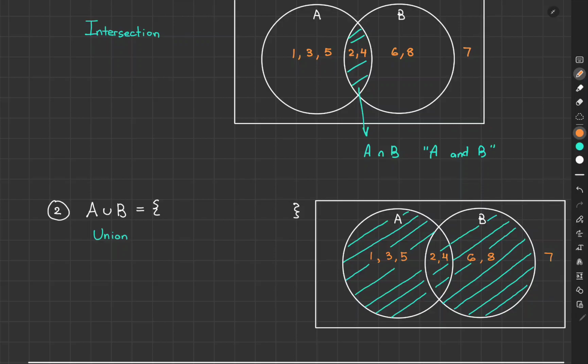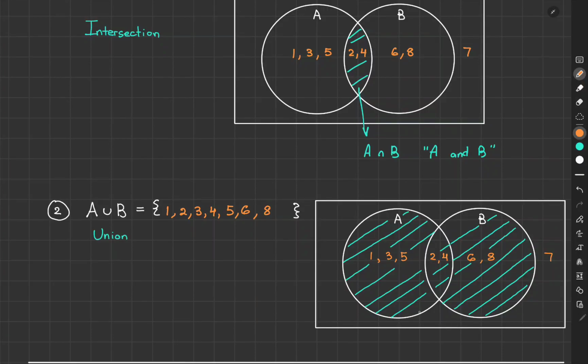So that's the entire circle of A, that's the entire circle of B, including their intersection. So if we list the outcomes out, we would list 1, 2, 3, 4, 5, 6, and 8. So every number but 7. So we're still not including that 7.